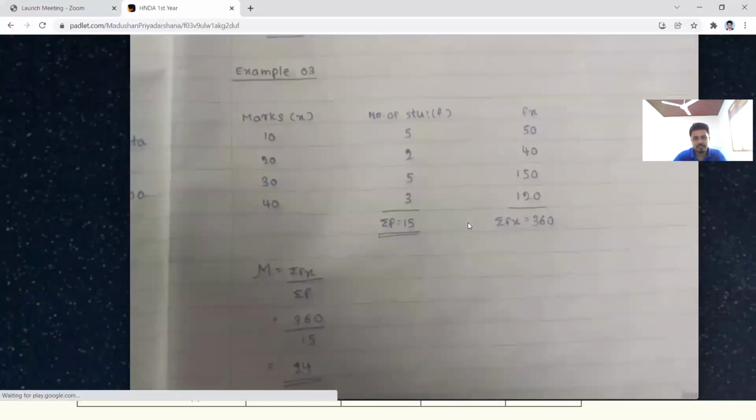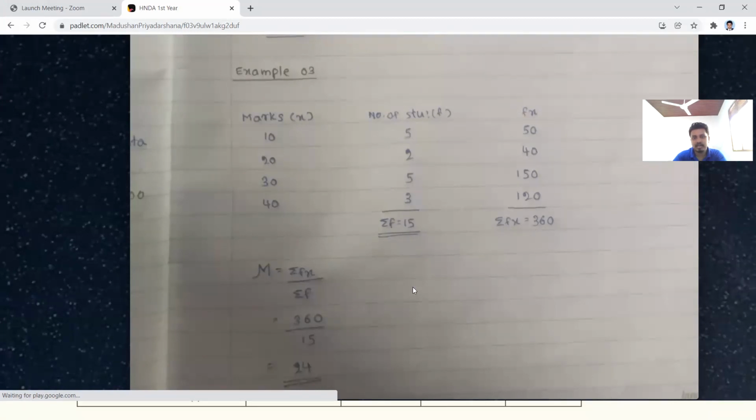Here marks is our variable x column, and the number of students are the frequencies, so this is our f column. fx is f into x: 5 into 10 is 50, 2 into 20 is 40, 5 into 30 is 150, 3 into 40 is 120. Sigma fx means the sum of the fx column.